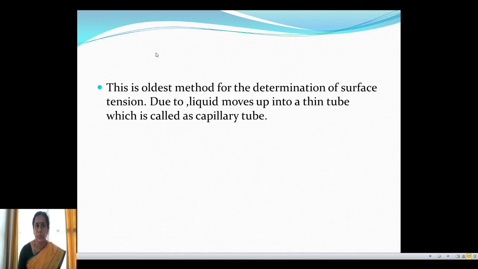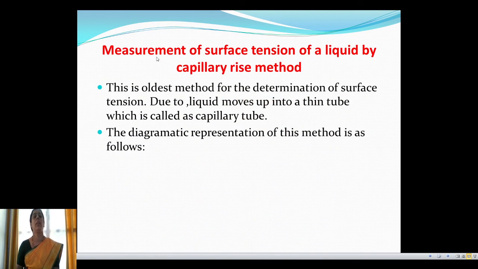Now we are giving the second method for surface tension determination, and that is the measurement of surface tension of a liquid by the capillary rise method. This is the most important and oldest method, and it provides a simple means of determining surface tension.